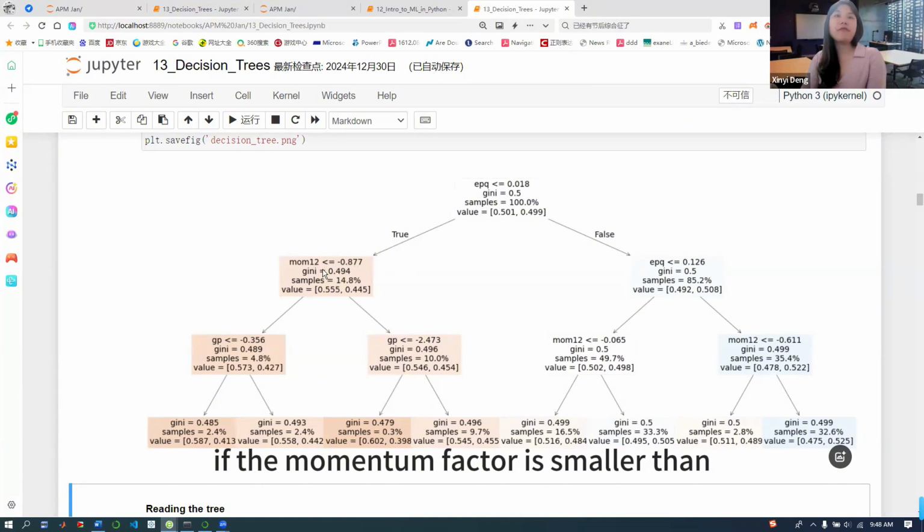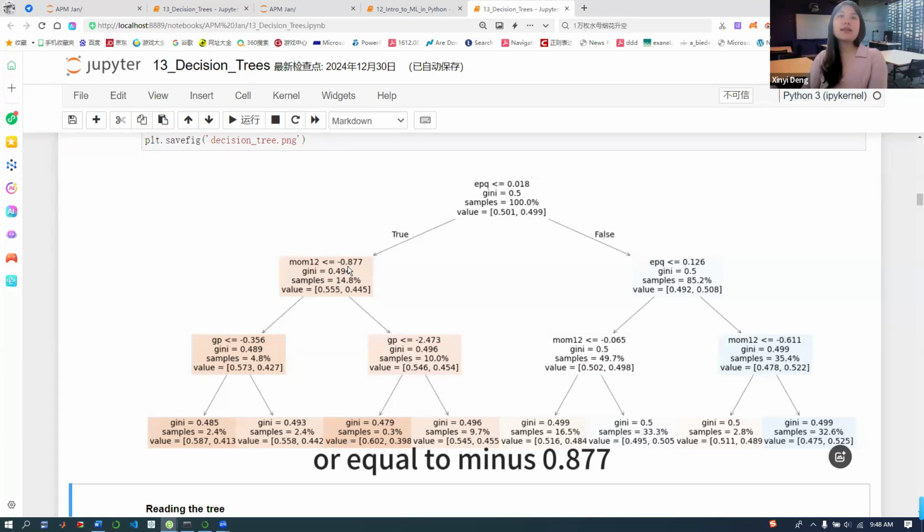If the momentum factor is smaller than or equal to minus 0.877, if that's true, we will be going along this way. Otherwise, we will be going to the other branch.